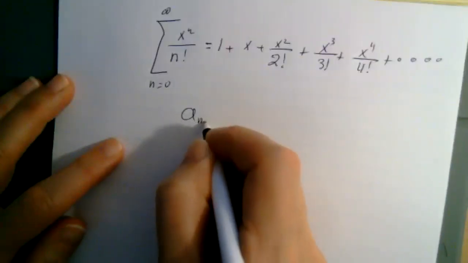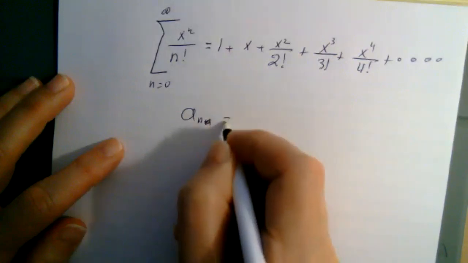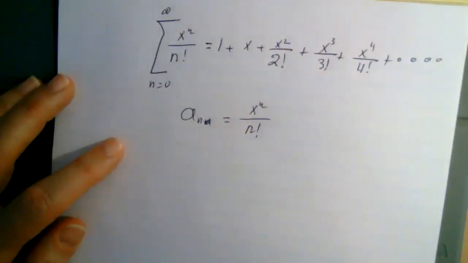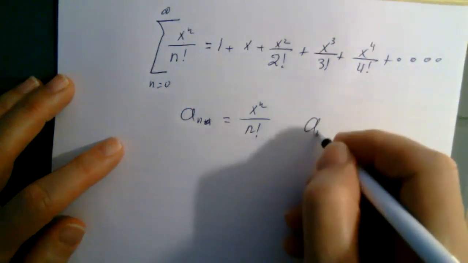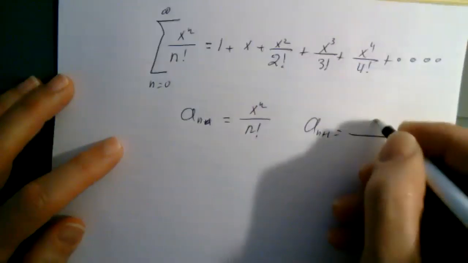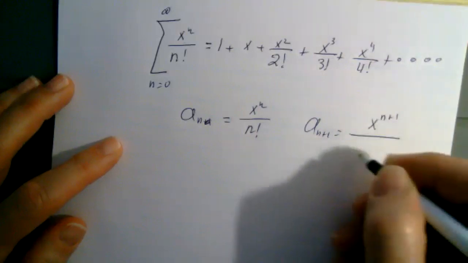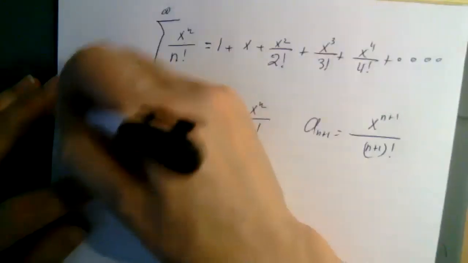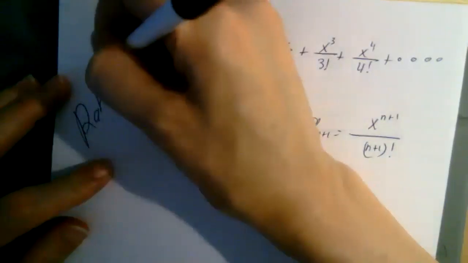So a_n is x to the n over n factorial, and a_{n+1} is x to the n plus 1 over n plus 1 factorial. So always the ratio test.